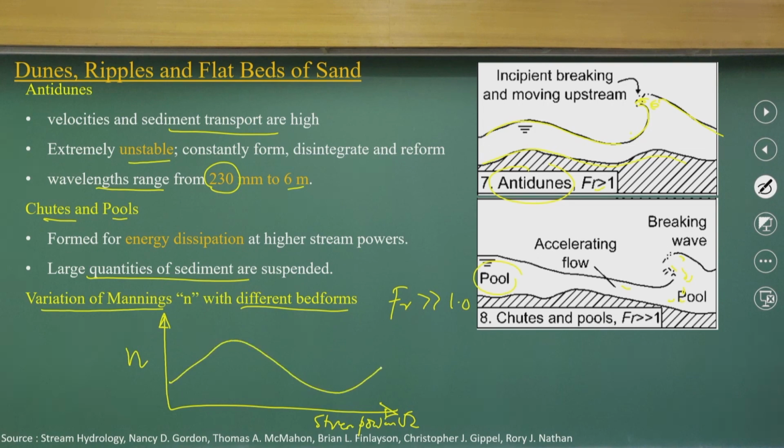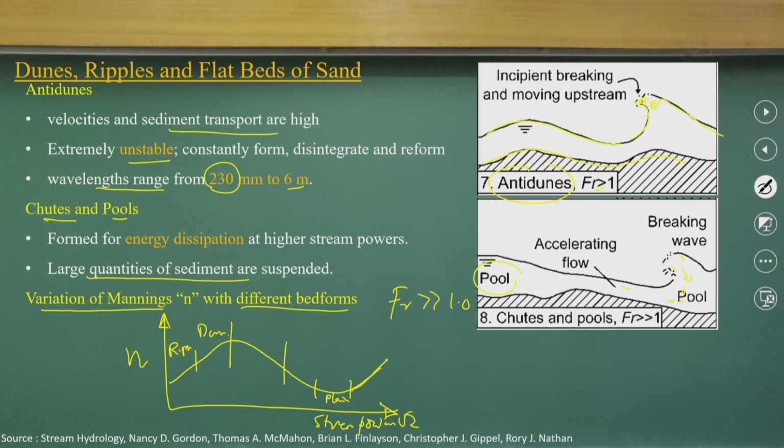The first part is ripples, the second part is dunes, then we have a transitional stage, then you have a plane surface, where the n value will be low. In the case of dunes, it will be a high n value, with high flow resistance. Then as it goes to antidunes, it increases.